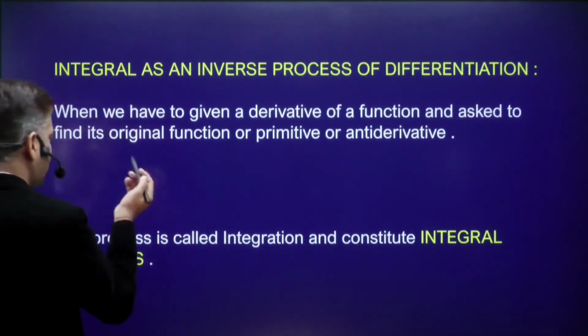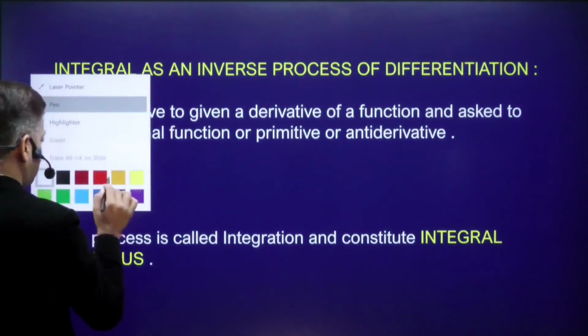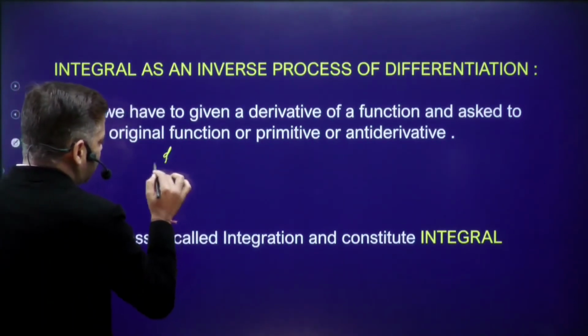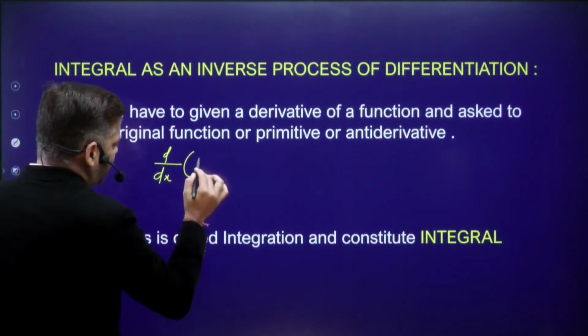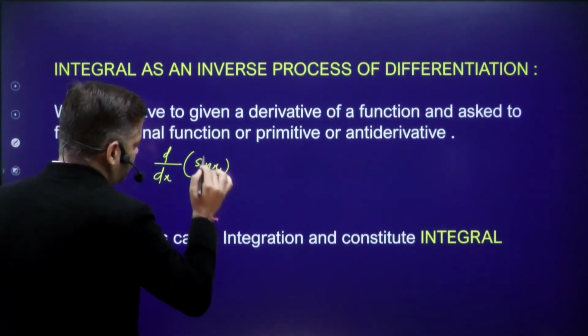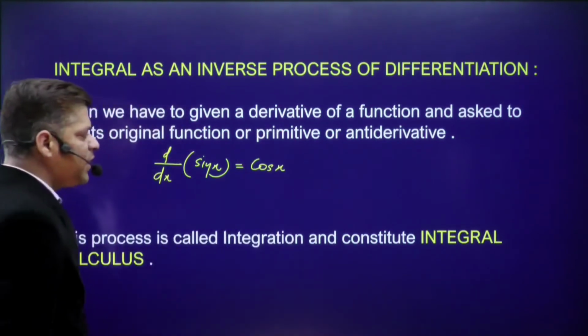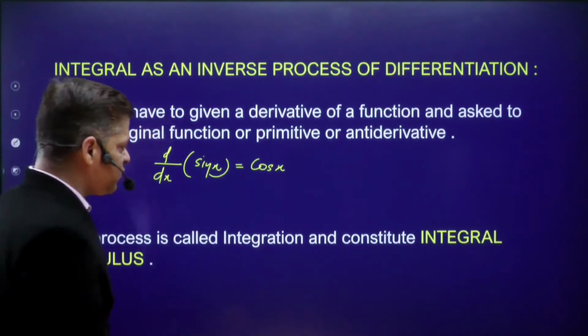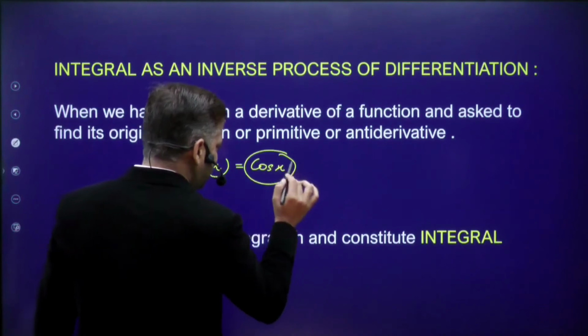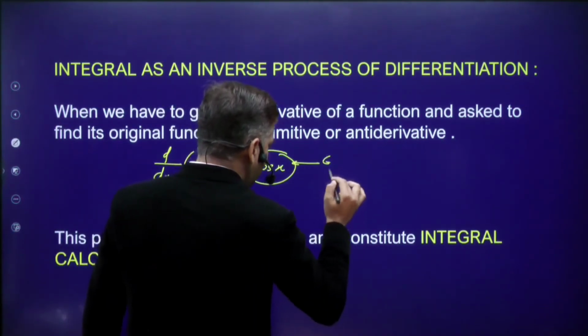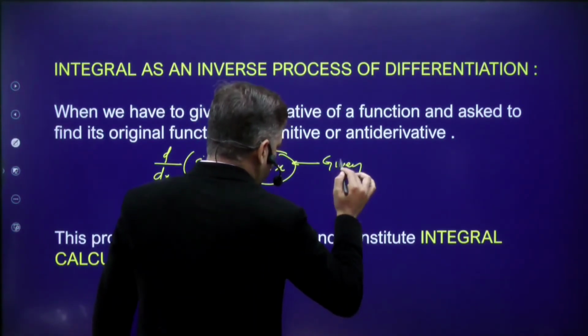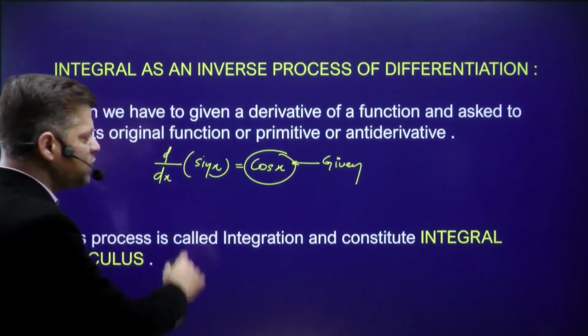Again I write down the same example here: d by dx of sin x is equal to cos x. As earlier we discussed, this is given, and we have to find the original function.